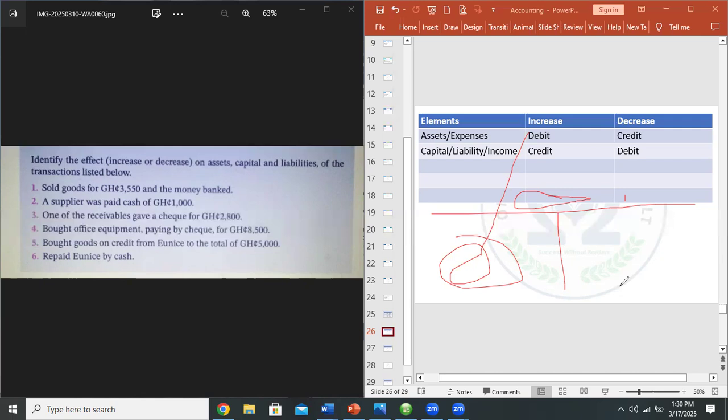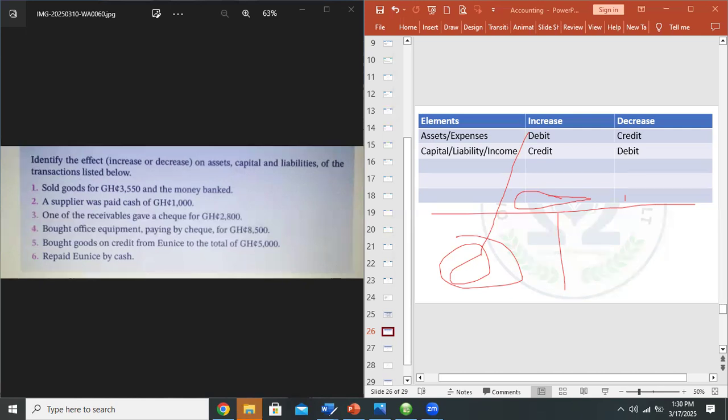So the things I want you to remember is that, number one, there's a certain principle we have to use to record transactions. And that principle is the double entry principle. What does that principle state? That principle states that when a transaction occurs, you debit and do a corresponding credit, or vice versa.